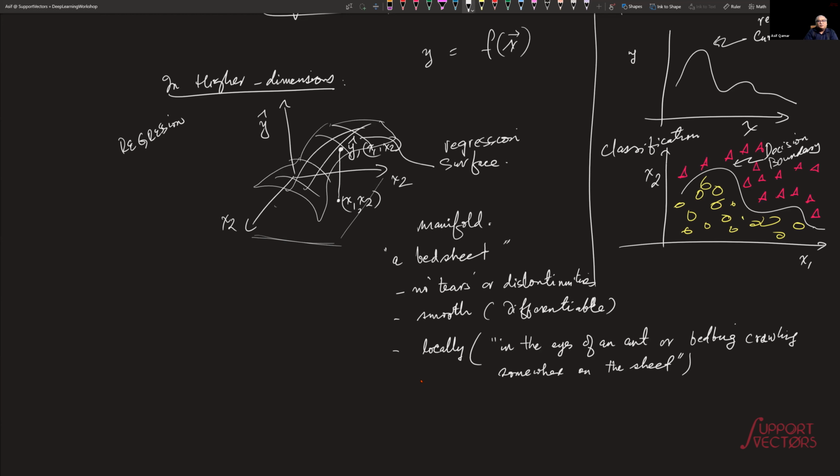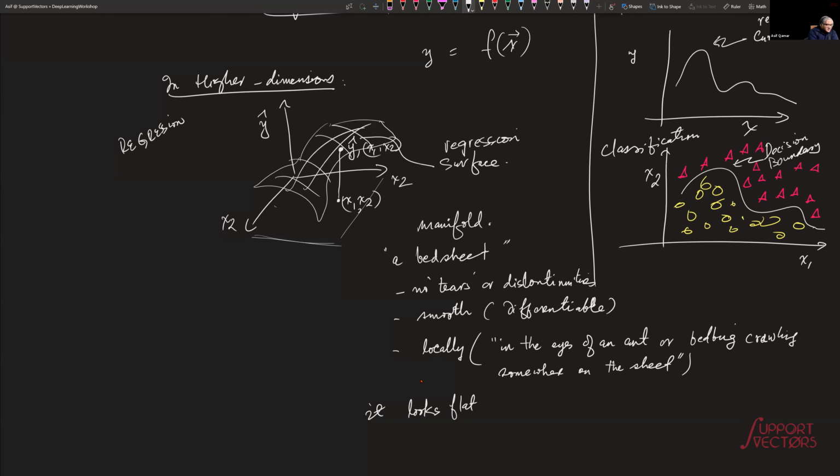The world looks how? The bug is very, very tiny, or a bed bug is so tiny you can barely see it, a dust mite or whatever it is. Now, for that bug, the bed sheet looks what? It will look flat. Locally, it looks flat, isn't it?